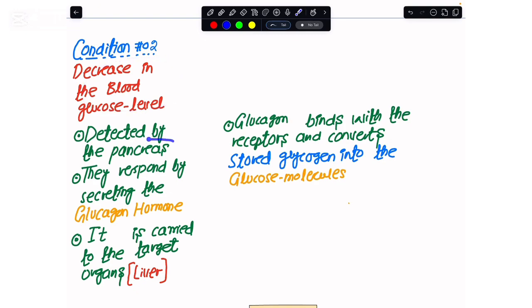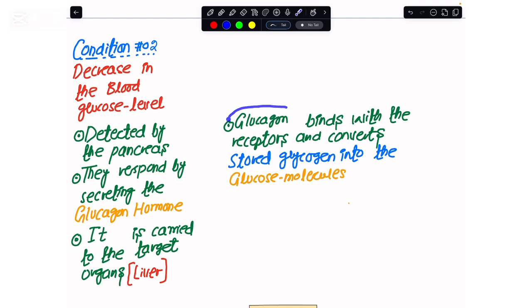When the blood glucose level falls, it is again detected by the pancreas, and now the pancreas releases another hormone, the glucagon hormone. That glucagon hormone is carried to its target organ, which is the liver. If you remember, earlier when the blood glucose level was high, we converted the glucose into glycogen.